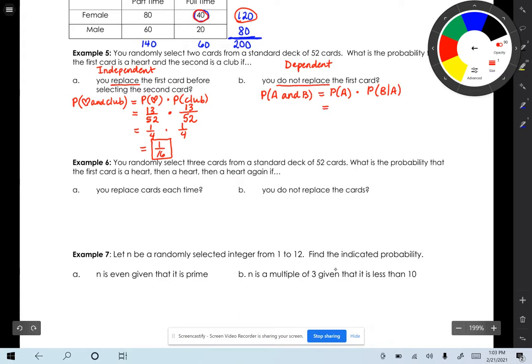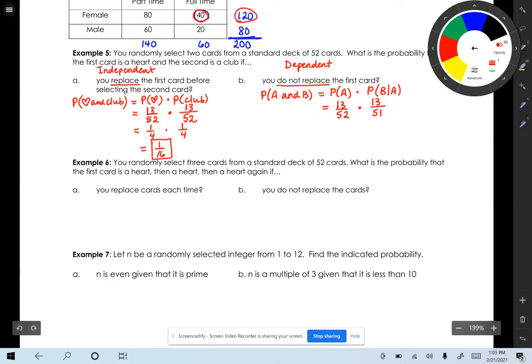So the first card being a heart would be 13 out of 52. And the second being a club, you still have 13 clubs, but you have one less card to choose from because you don't replace that card back. So it's 13 out of 51.